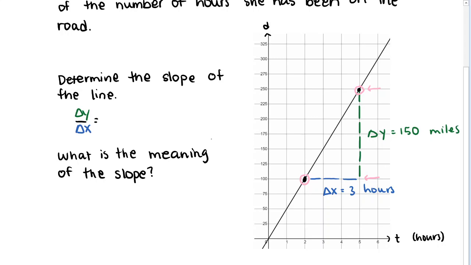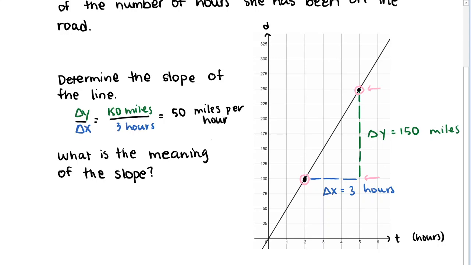This is equal to 150 miles over the course of 3 hours. And so this is equal to 50, right, 150 divided by 3. This is miles for every 1 hour, 50 miles for every 1 hour, or 50 miles per hour.